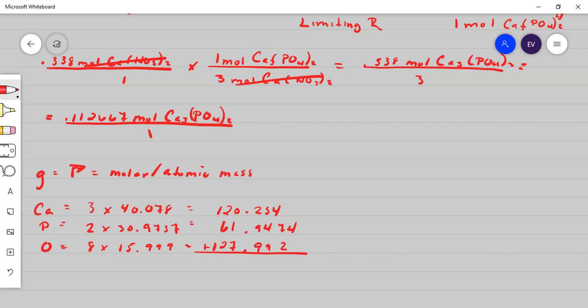That gives me a total molar mass of 310.173 grams per 1 mole. Or I can say that 1 mole of calcium phosphate is equal to 310.173 grams. Okay, so how do we use the molar mass?